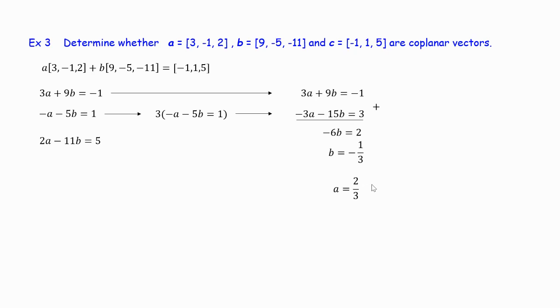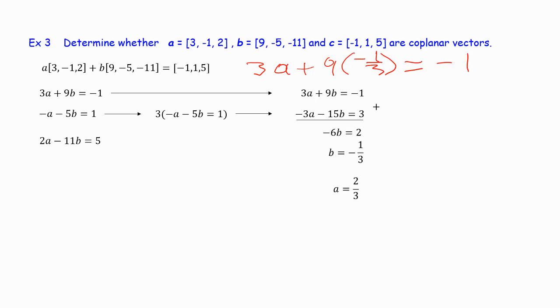Just so that we're clear on where that A is coming from, I'll do a quick calculation here, even though we're running out of time. We have two equations, 3A plus 9B equals minus 1. If B is minus 1/3, I'm going to say 3 times A plus 9 times minus 1/3 is equal to minus 1.